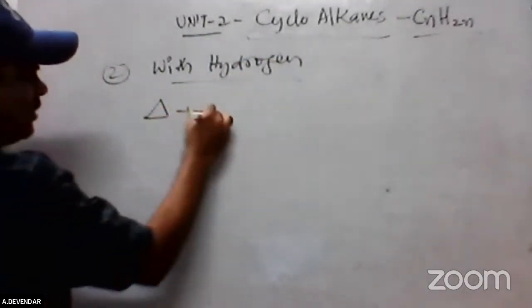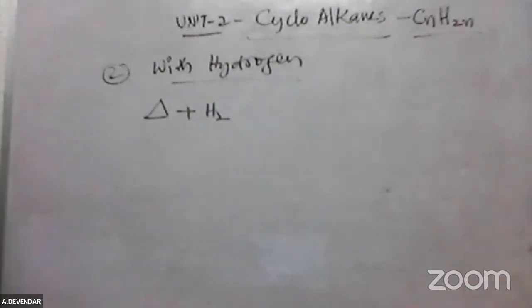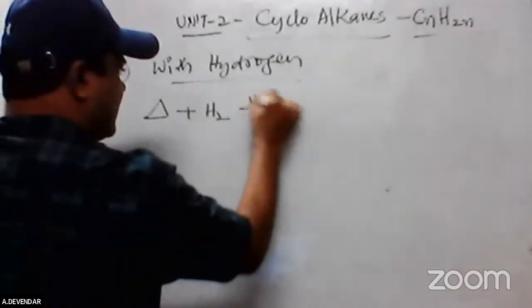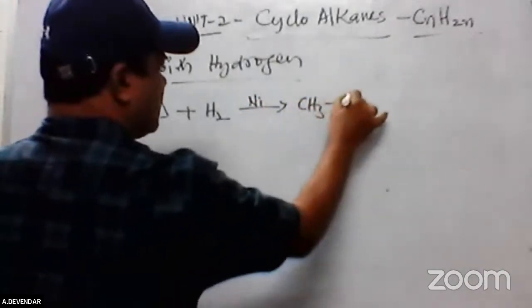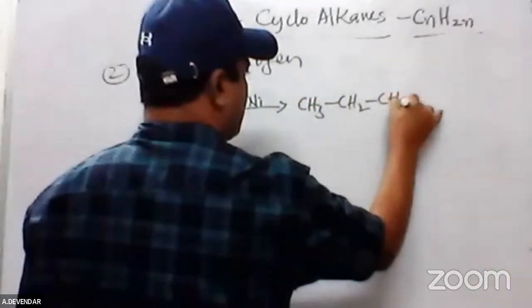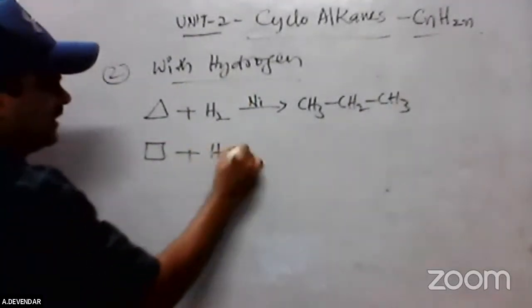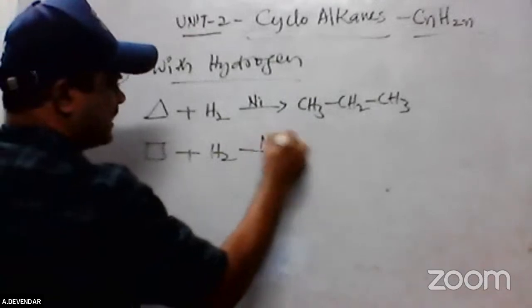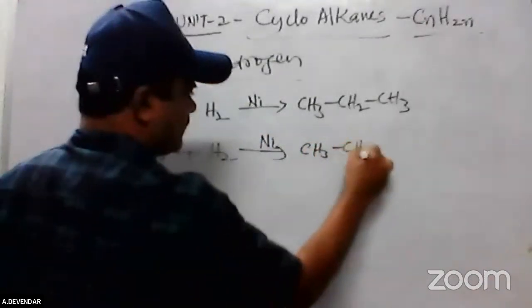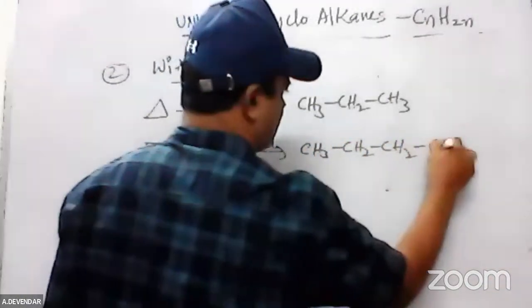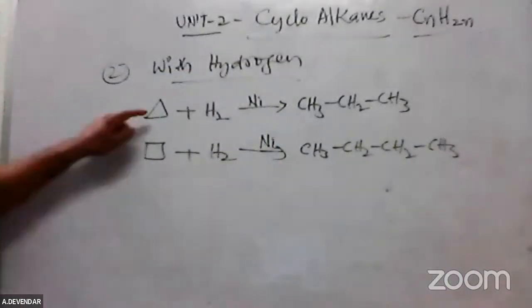Same cycloalkane in presence of hydrogen, that means a catalyst is required. So nickel catalyst, simply. What is the name? Please name this one. In presence of this one, what is the name? This is cyclopropane.